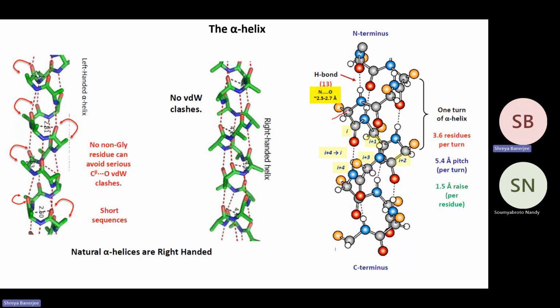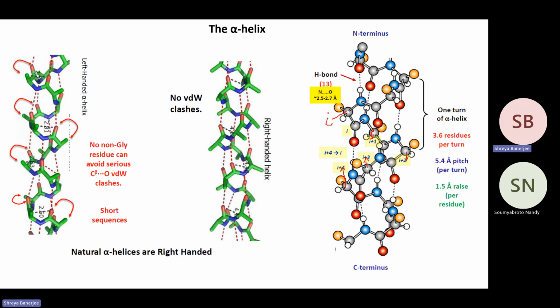If I call this C alpha as I, where the C alpha is attached to CONH, the next C alpha is labeled as I plus 1. Again, you follow to the next C alpha, which is labeled as I plus 2. The next C alpha is I plus 3. And again, the next C alpha is I plus 4.